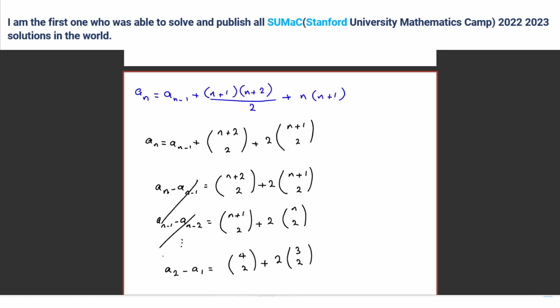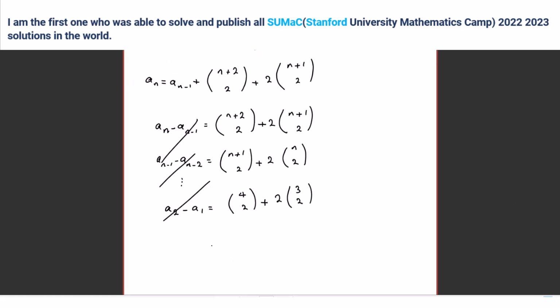And if you add, you can cancel these. a1 is what? a1 is 6. Yes, the first column is what? You add all of them.